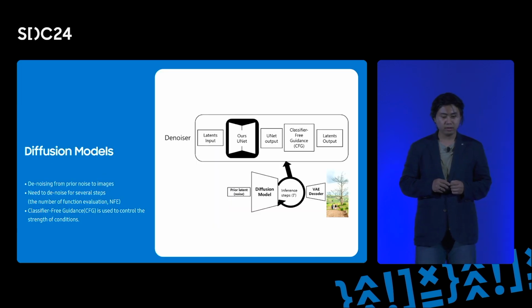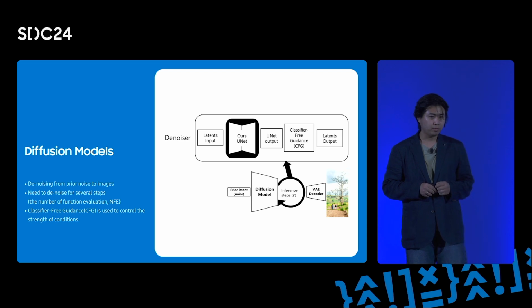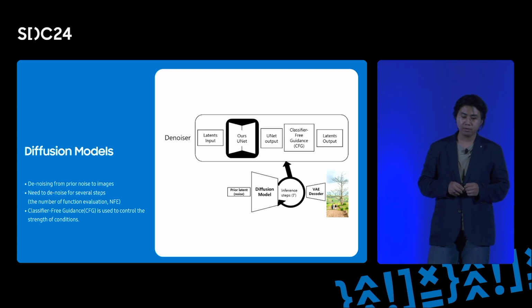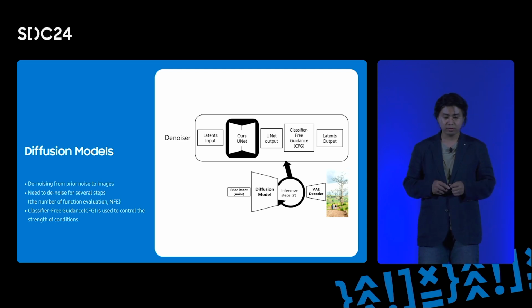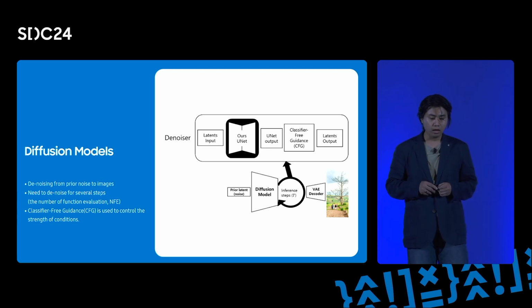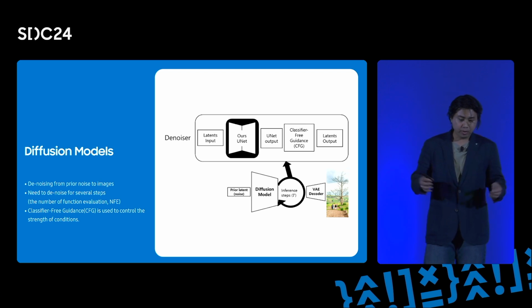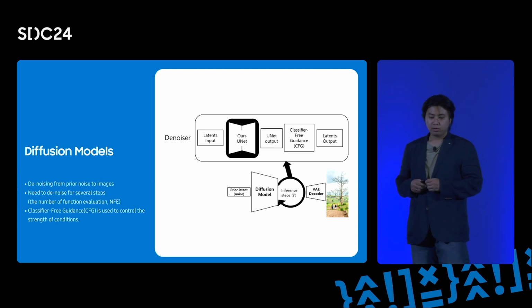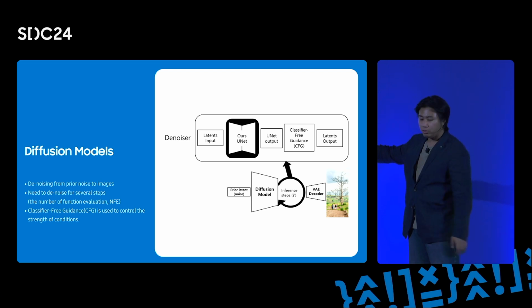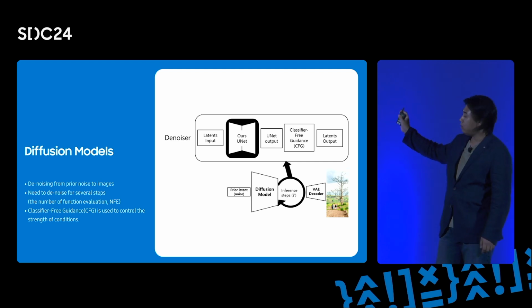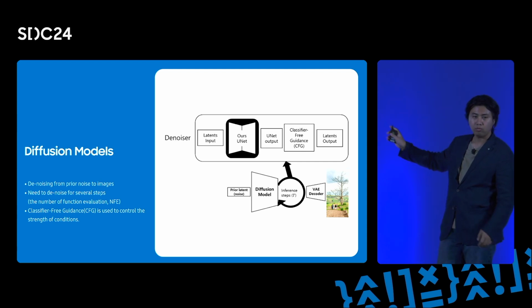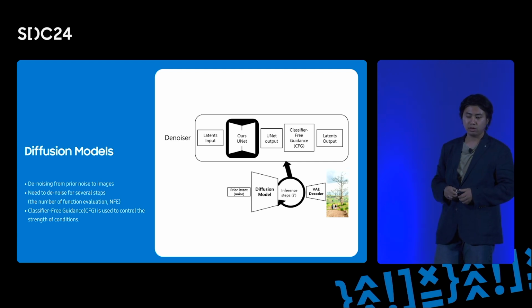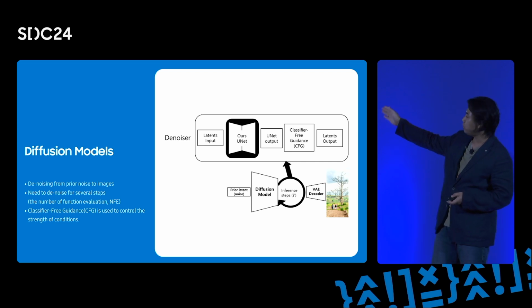I'll briefly review the diffusion model. A diffusion model is a type of image generative model, which is different from variational autoencoders or generative adversarial networks. Every image generative model transforms a known random noise distribution to an unknown image distribution. What diffusion models learn is the trajectories between the two distributions.